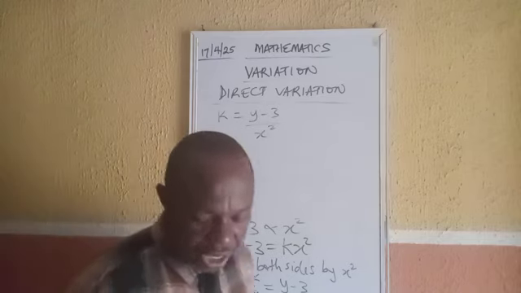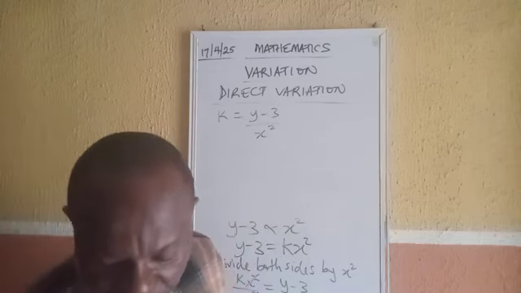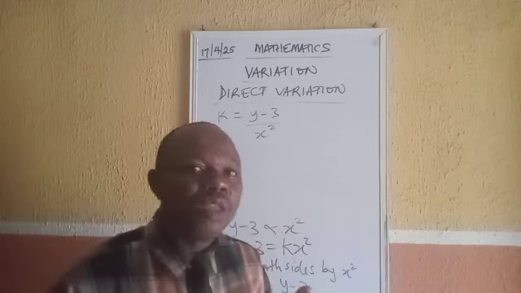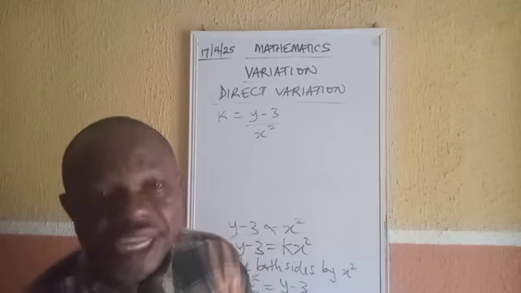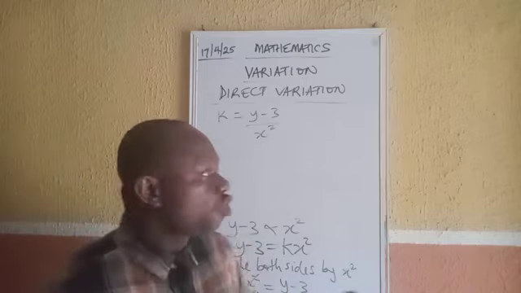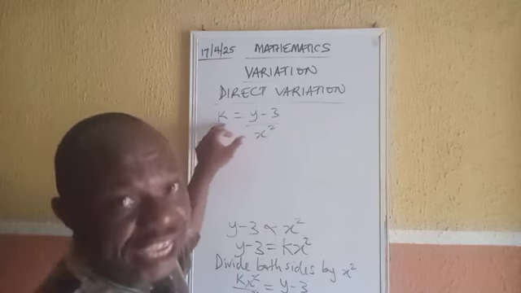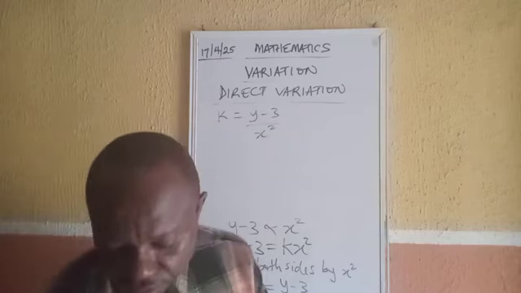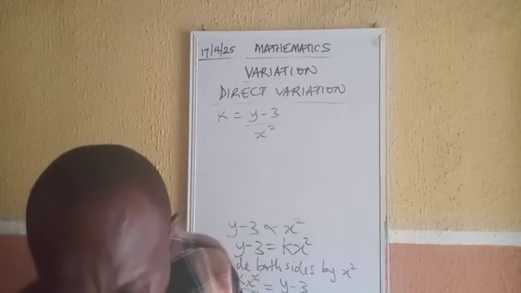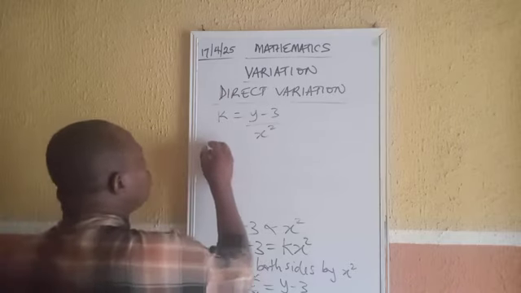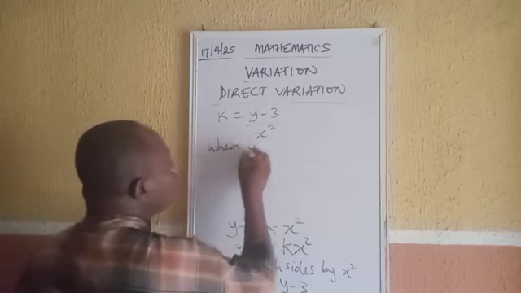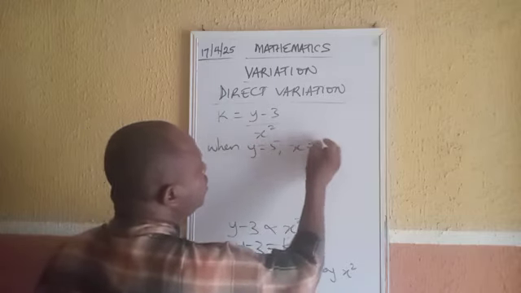Let's go back to the question again. You observe that for the two quantities, we are given values for them. We are given a value for y and a value for x. The reason is so that we can find k. So we are given that y is 5 when x is 2.